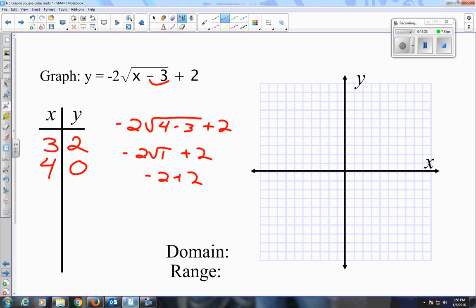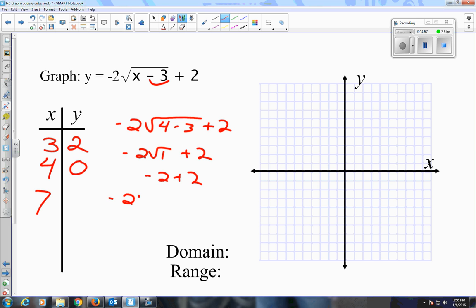What's my next perfect square after 1? 1 squared is 1, 2 squared is 4. So we want to make this equal to 4. What's my x got to be? 7.